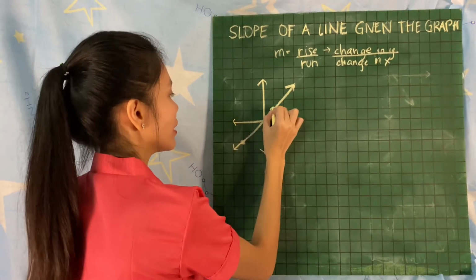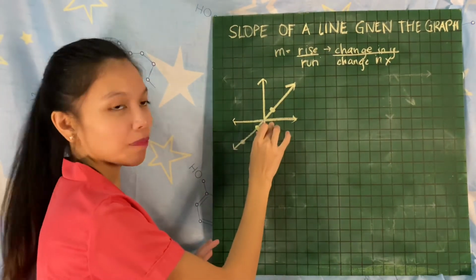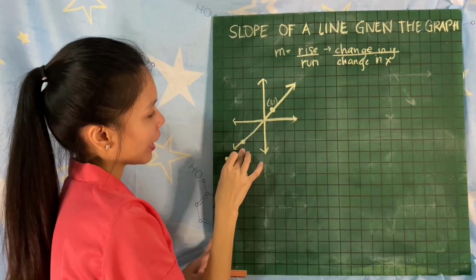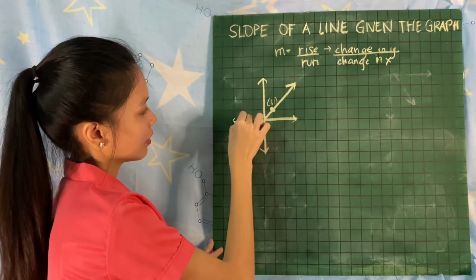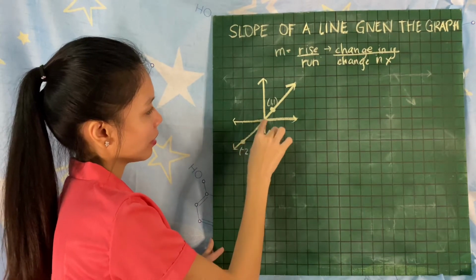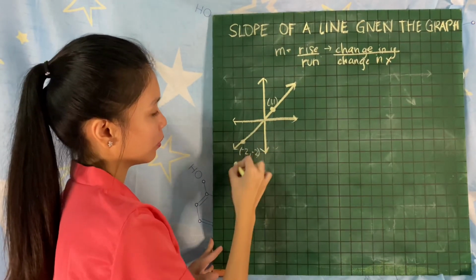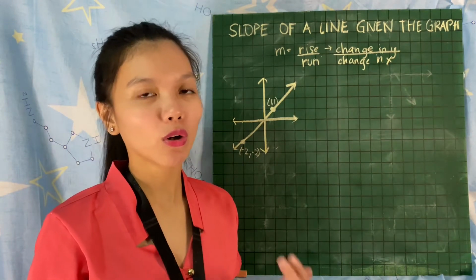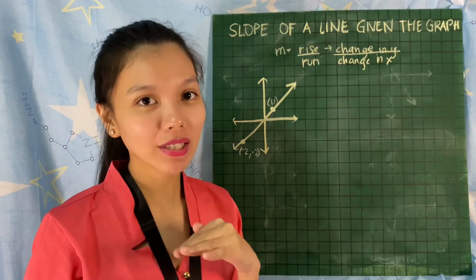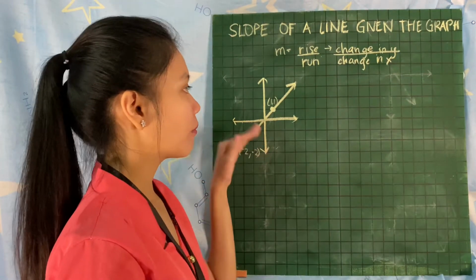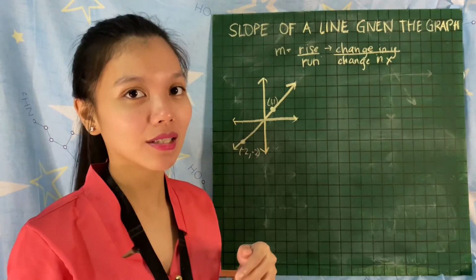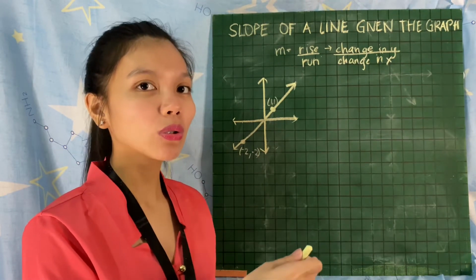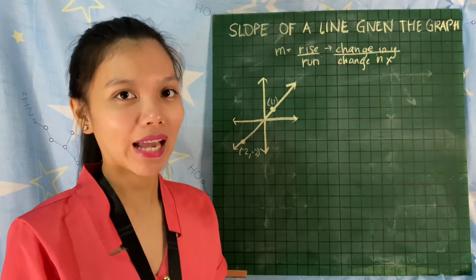This point is at the position (1, 1), and this point is (-2, -2). Kapag sinabi nating rise, bibilangin natin yung pagitan ng points sa y-axis. Kapag run naman, bibilangin natin yung pagitan ng dalawang points sa ating x-axis.